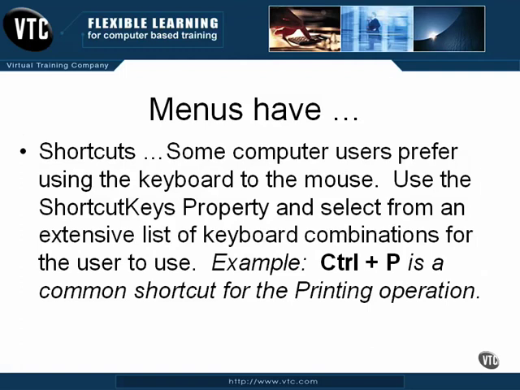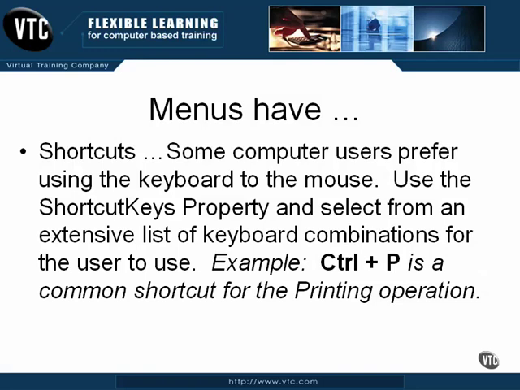You will also want to create shortcuts for your menus. Many computer users prefer using the keyboard to the mouse, particularly for those often used applications or tasks that may simply be easier done by using a combination of keystrokes as opposed to reaching for the mouse and finding the correct menu item.